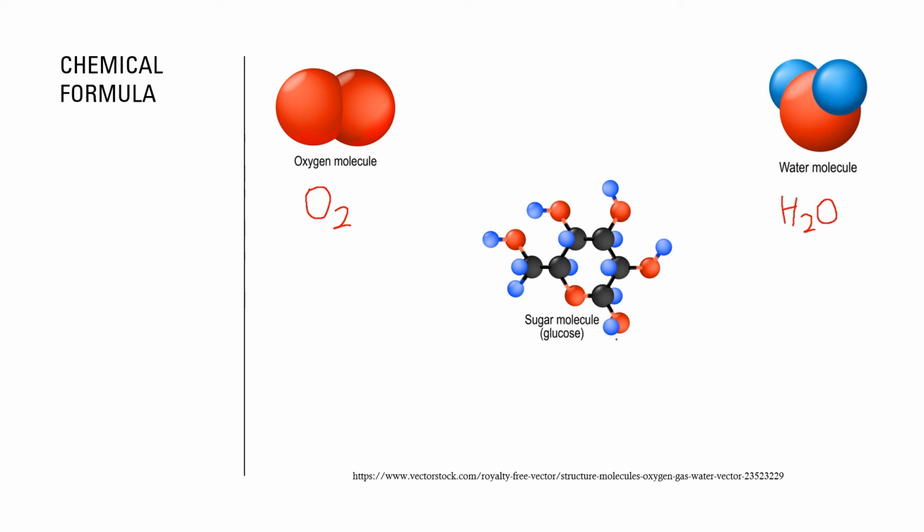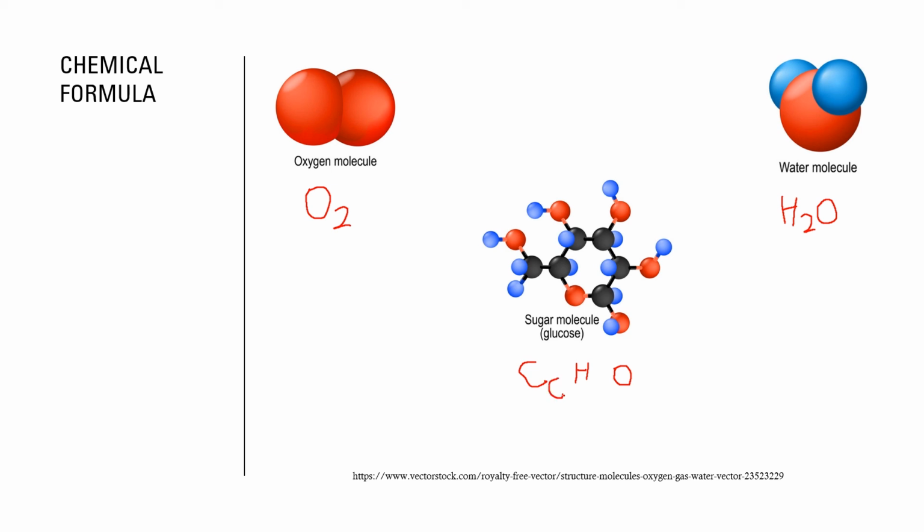Now, sugar is made of black carbon atoms. These red ones are oxygen again, and these blue ones are hydrogen. Now, this has C for carbon, H for hydrogen, and O for oxygen. But what we have to do as well is count up how many of each element there are in the molecule. So for carbon, if we count them up, 1, 2, 3, 4, 5, 6.